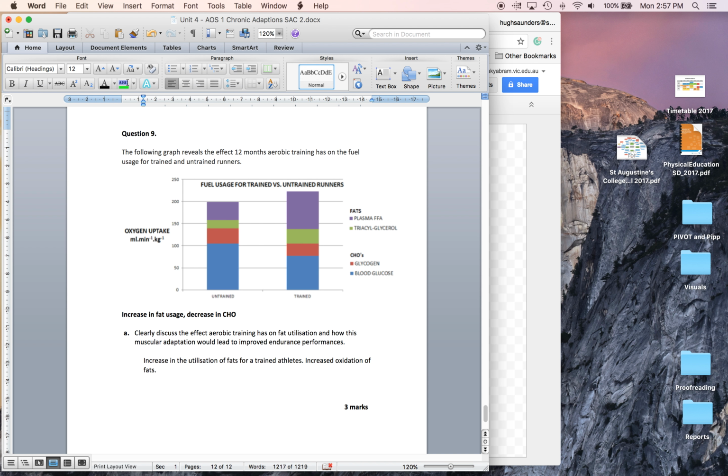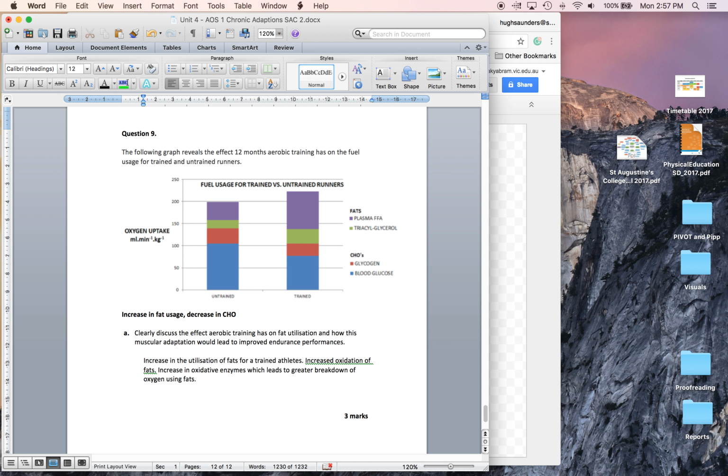You've got to show your knowledge of how that actually takes place. So there's an increase in oxidative enzymes, which leads to greater breakdown of oxygen using fuel. In this case, we're just talking about fats.